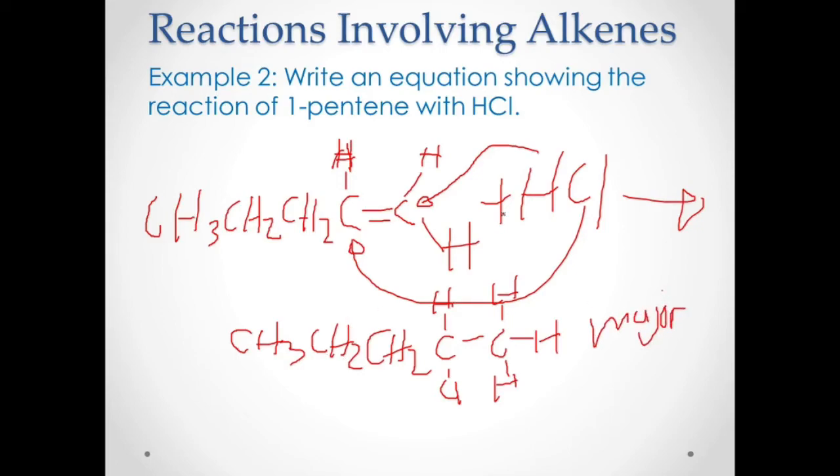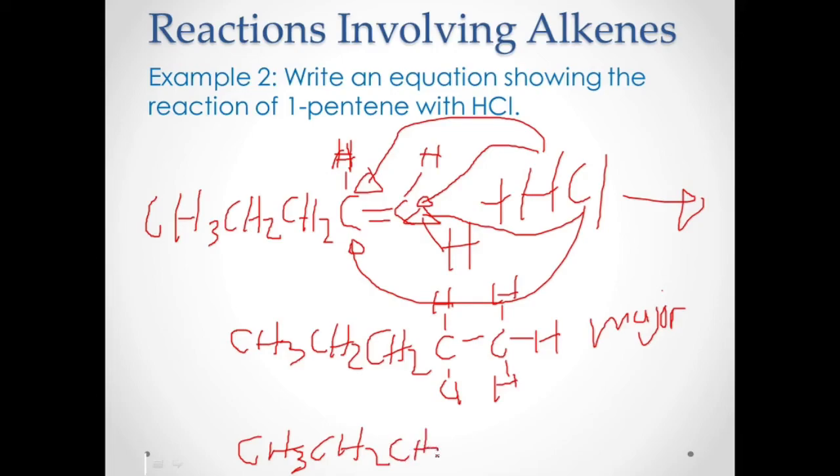Okay, so for the minor product, your chlorine would be bonded to that first carbon and the hydrogen would be bonded to the second carbon. Okay, CH3, you have CH2, CH2, then you have C, H, then you have your H, then you have your H there, and H, then you have your Cl.